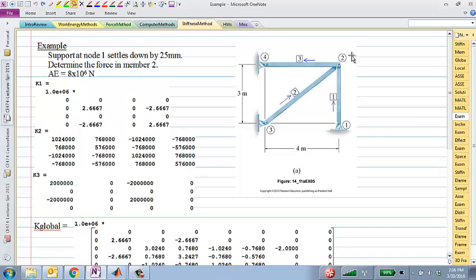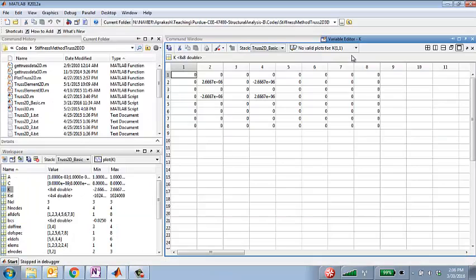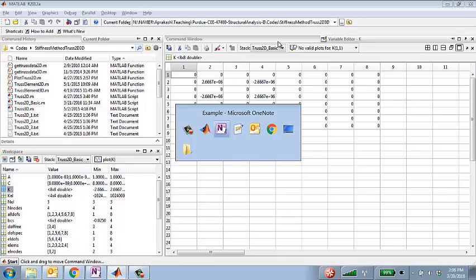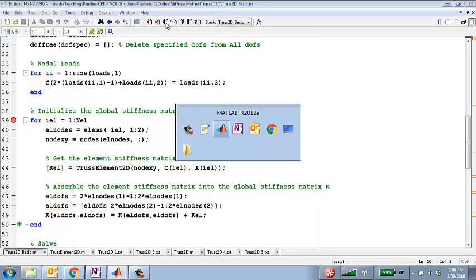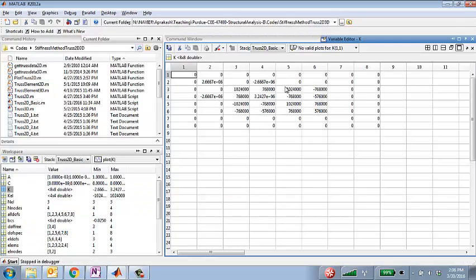So the degrees of freedom corresponding to nodes 2 and 3, which would be 3, 4, and 5, 6, right? And we can check that in our Matlab code as well. Element degrees of freedom are 5, 6, 3, 4, right? So once I add this, we can go back to Matlab and check indeed those 3, 4, and 5, 6 degrees of freedom were changed.